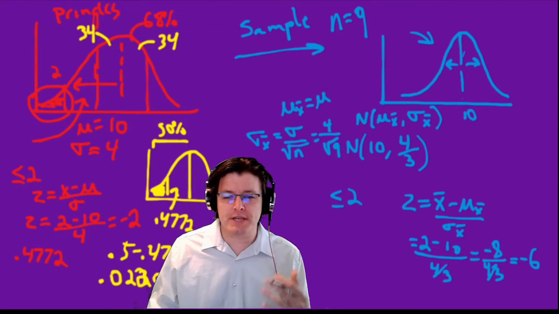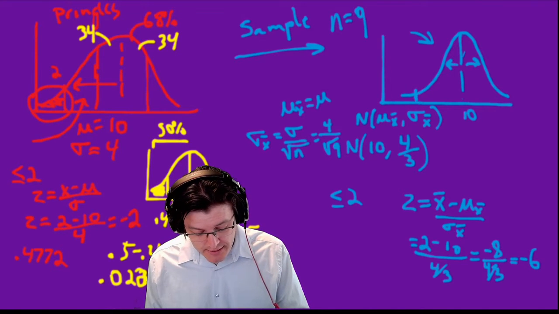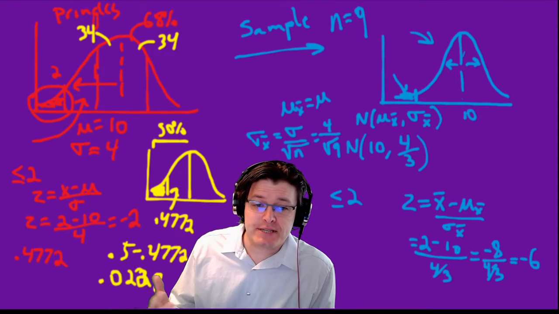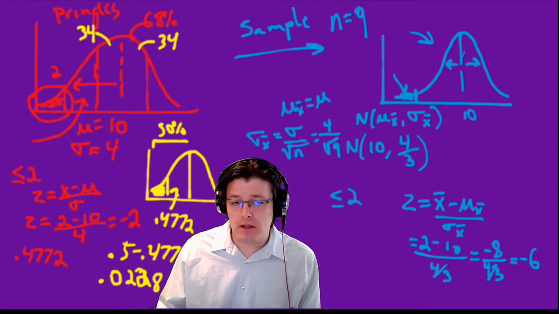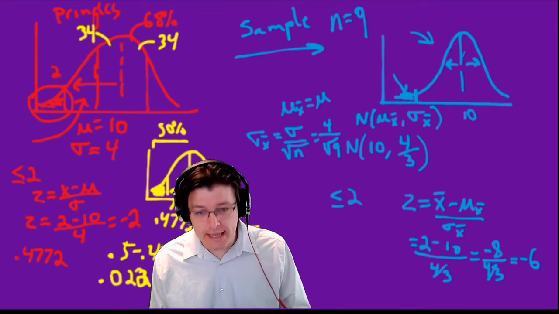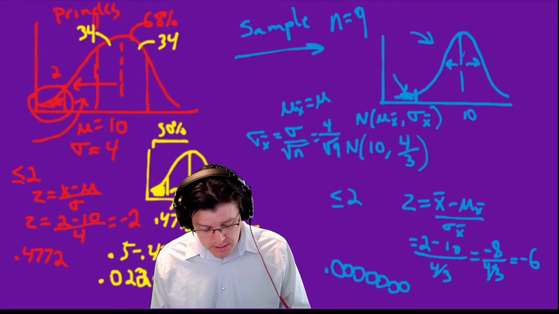So what is the percent likelihood that we are that far out, right? So we are talking about a value down here. What's the percent that we are that small in Pringles? So we took a sample size of 9, and collectively, the average was less than or equal to 2. We get 0.000000.